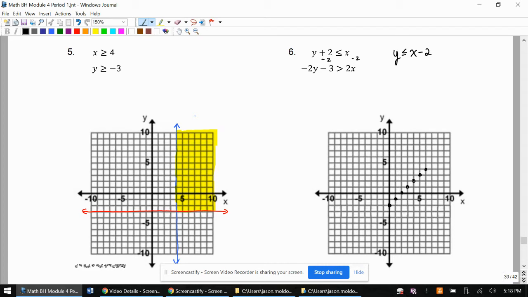This one is solid. And we will be shading this one below, so the bottom half. But before we do that, let's do the other one.